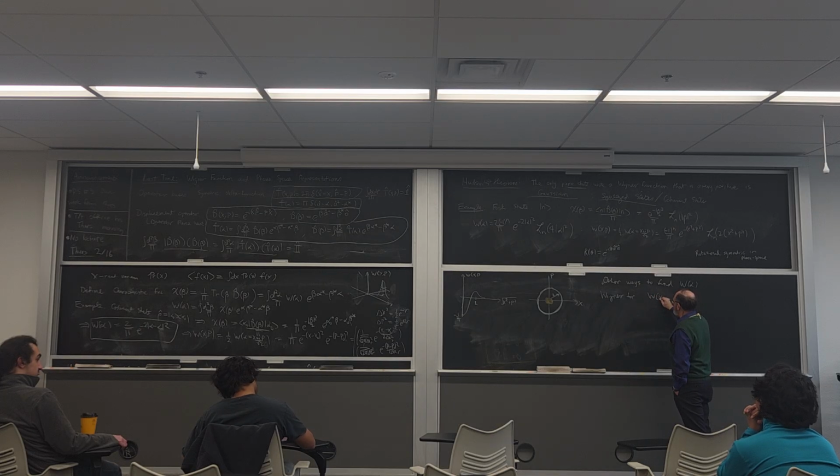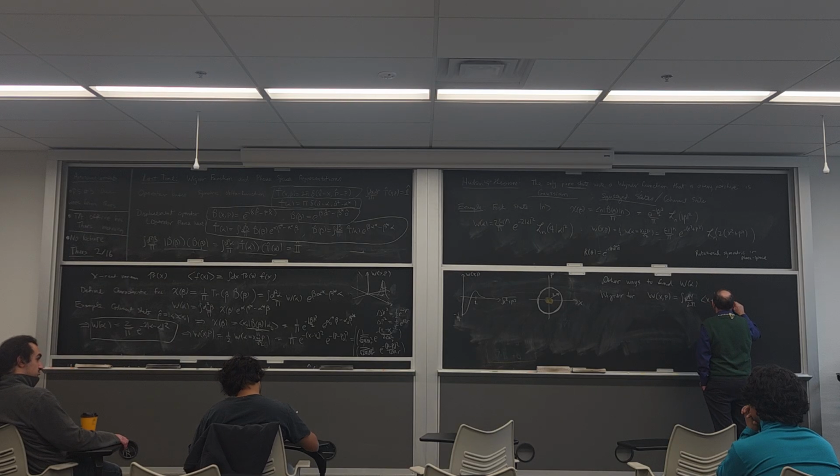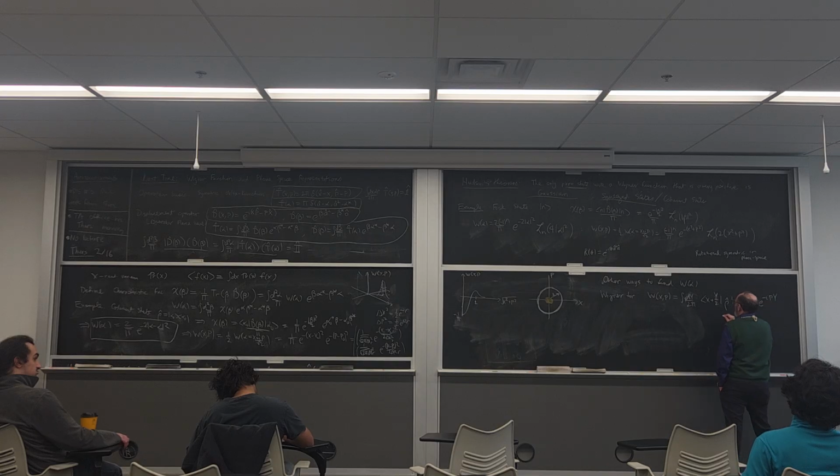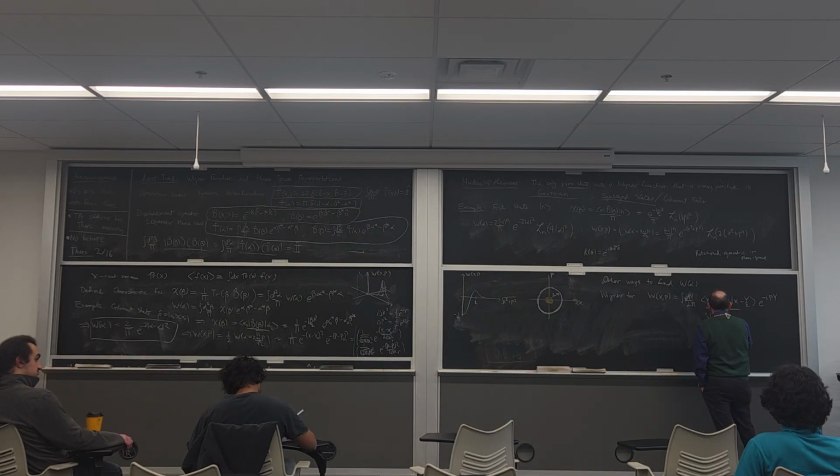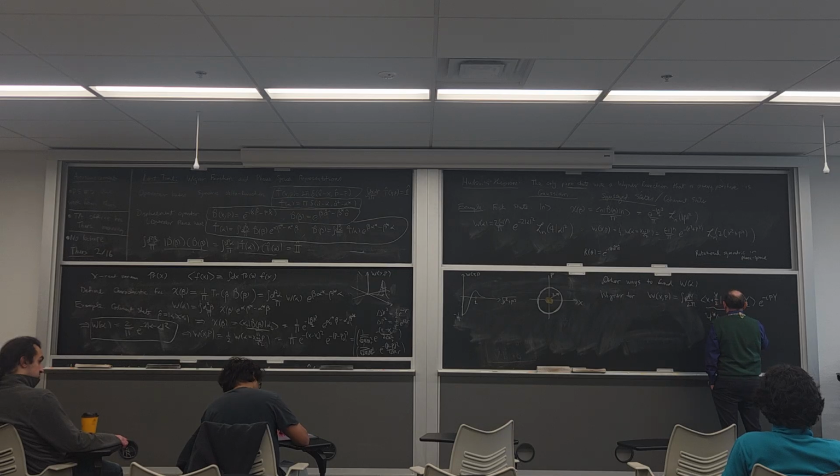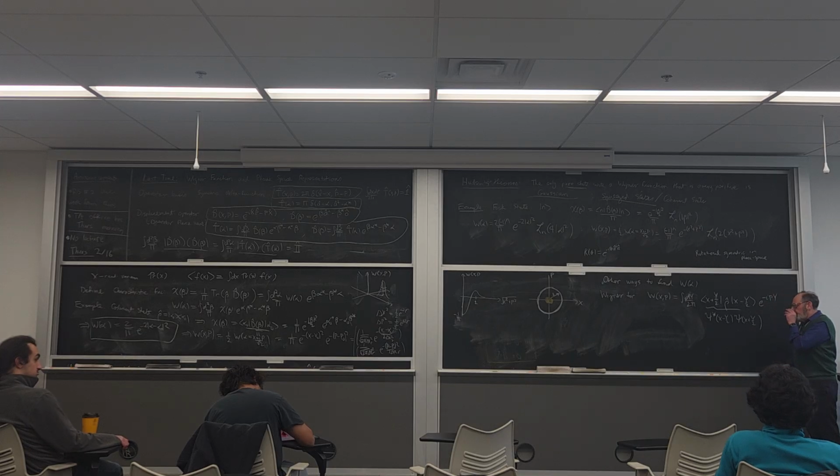The Wigner function as a function of x and p is equal to the integral over a dummy variable y of e to the minus i p y, psi star of x minus y over 2, psi of x plus y over 2. So this is the way Wigner wrote it down originally. It's kind of interesting.